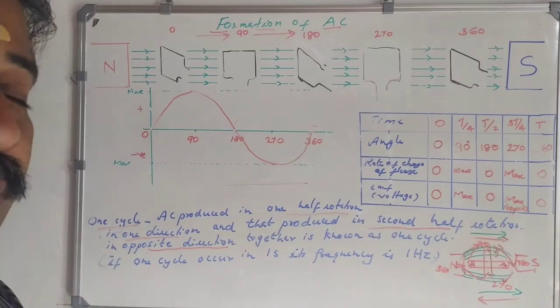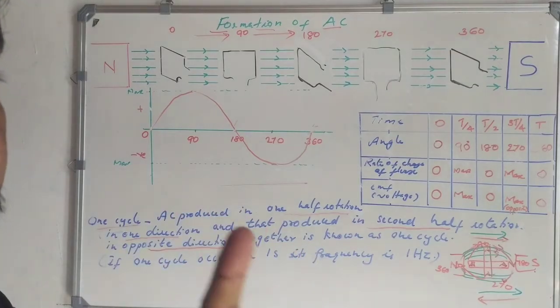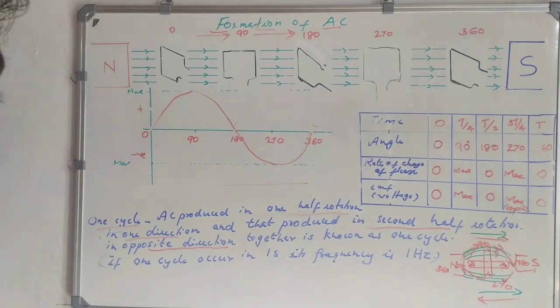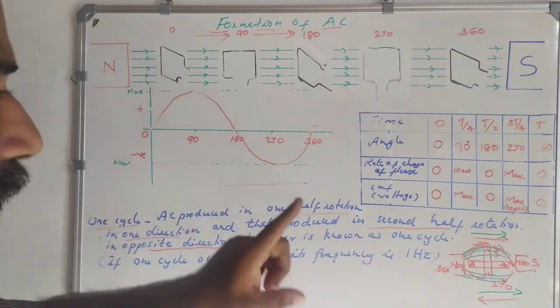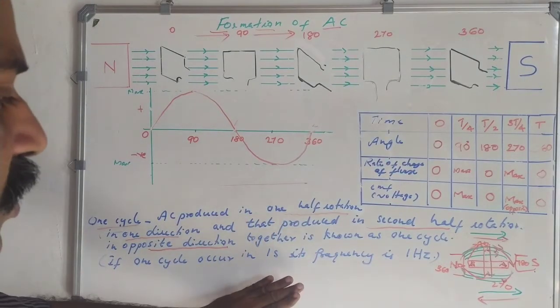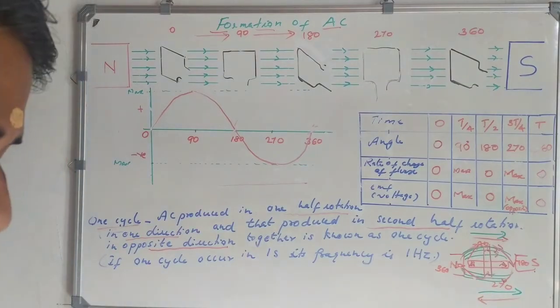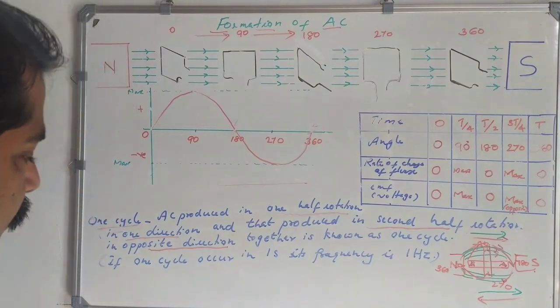Then what is the frequency of an AC? The number of cycles formed in 1 second is known as the frequency of AC. Okay, if one cycle occurs in 1 second, or if the armature completes one complete rotation in 1 second, the frequency of such an AC is 1 Hz. And in India, the frequency of AC is 50 Hz.